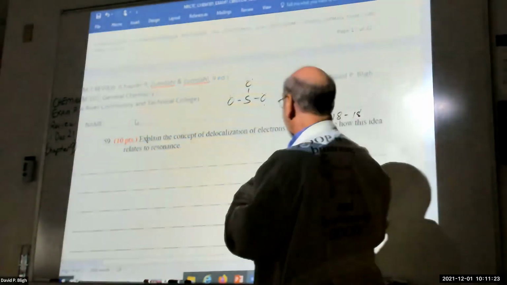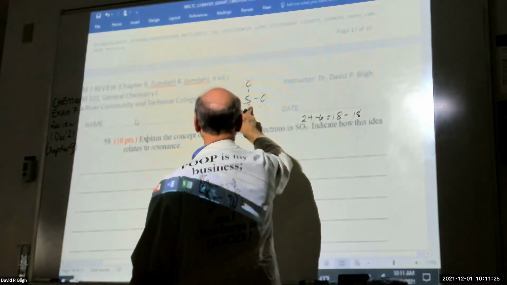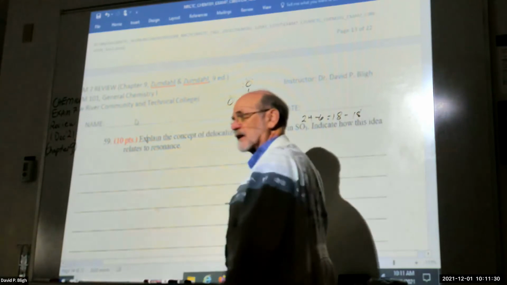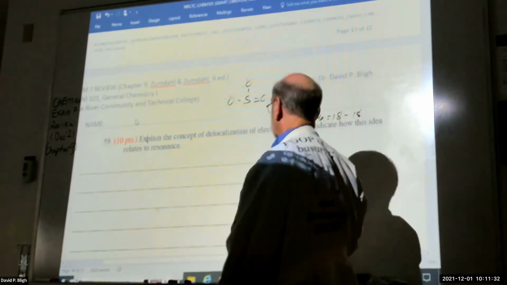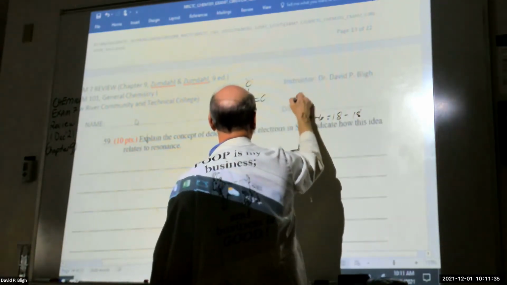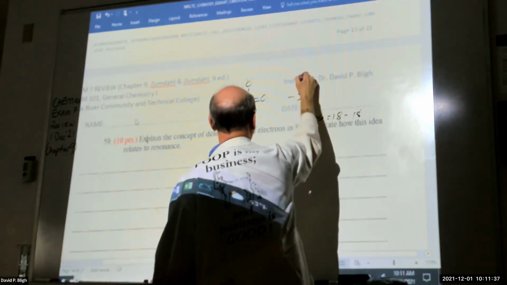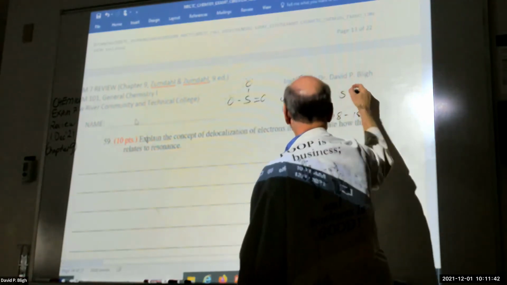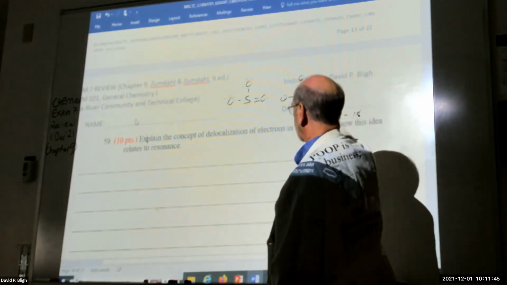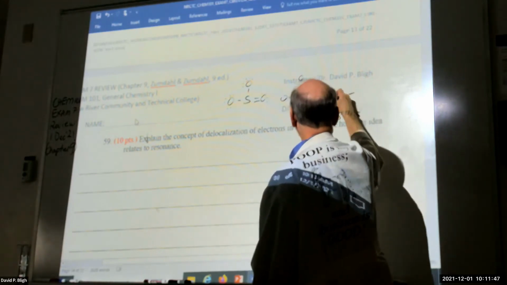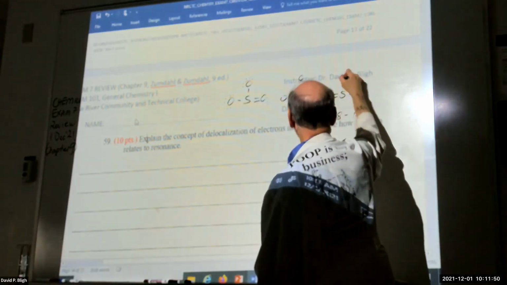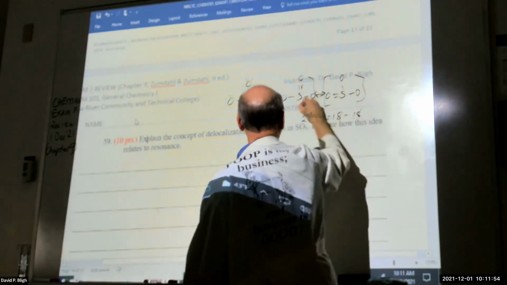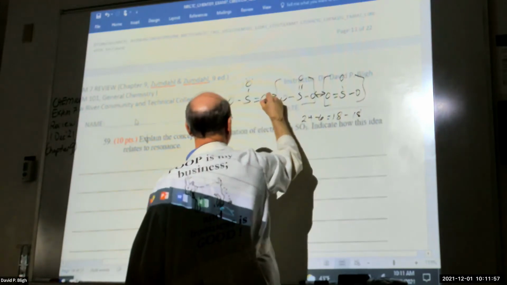All right, so if we make an octet, from any of these oxygens, we can make a double bond there between oxygen and sulfur. But we can also make one here. Or we can make one here, and I'm not drawing it right, that should be trigonal planar. Here, here, and here. So we have to resonate these structures.